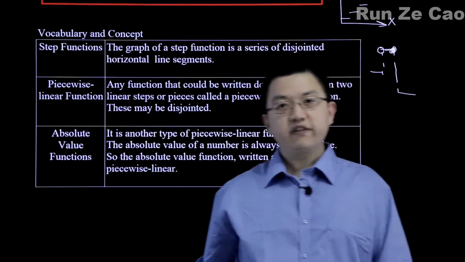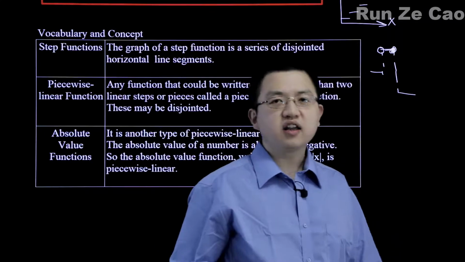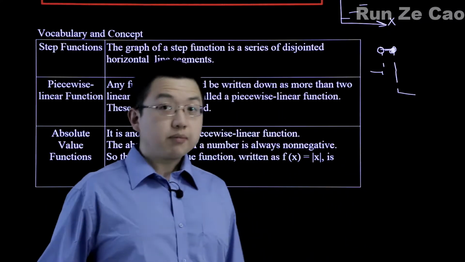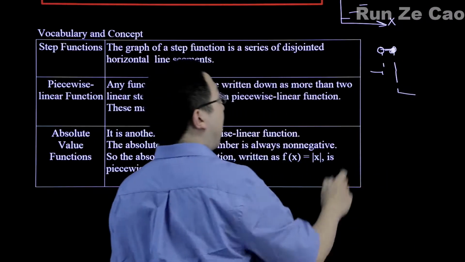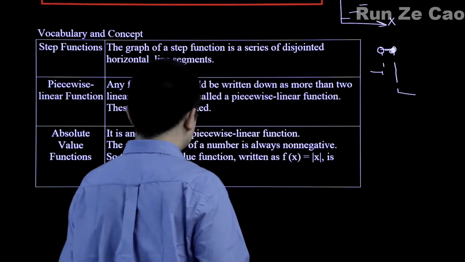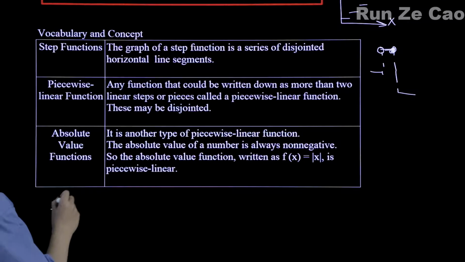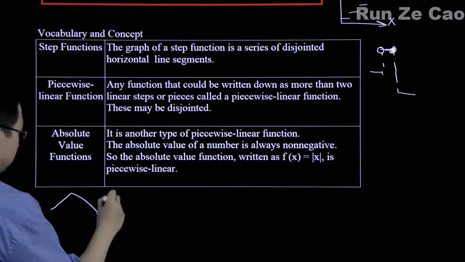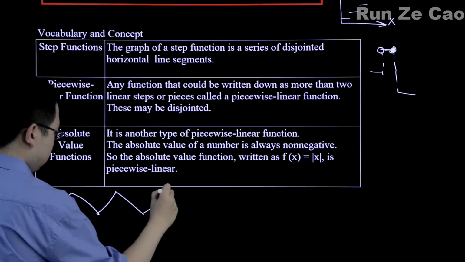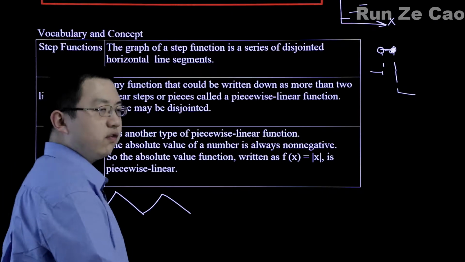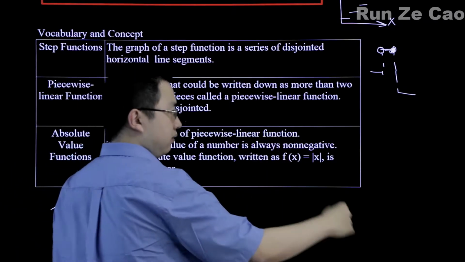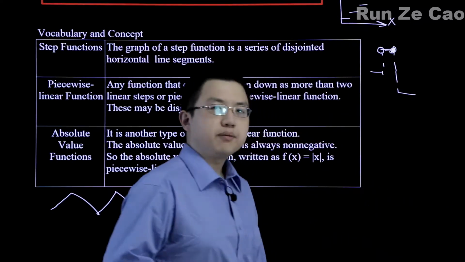Now, a piecewise linear function, a step function is an example of this. Piecewise means that each little piece, each x interval, has a particular equation associated with it. So for example, this would be piecewise. Although, if you've ever seen a sine wave, that is not piecewise.